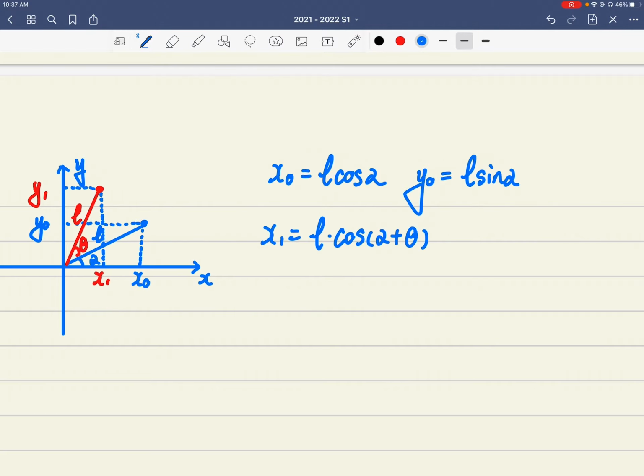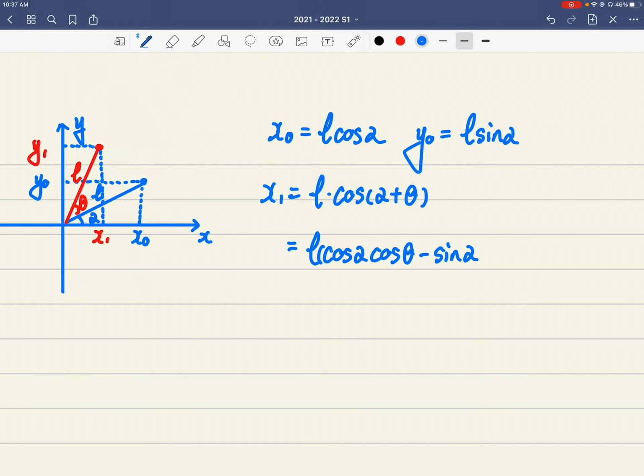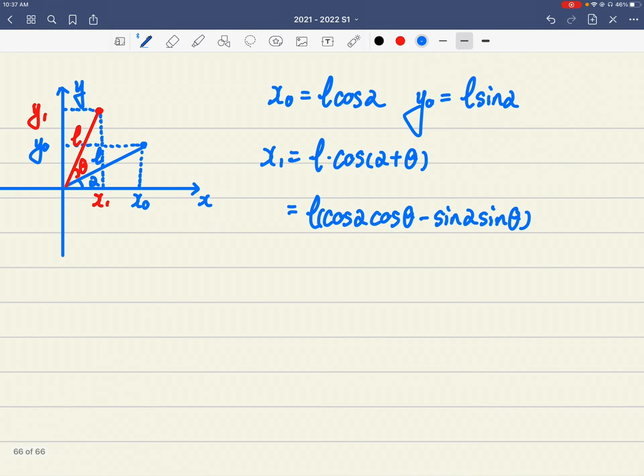Remember cosine A plus B is cosine A cosine B minus sine A sine B. So that is L cosine alpha cosine theta minus L sine alpha sine theta.